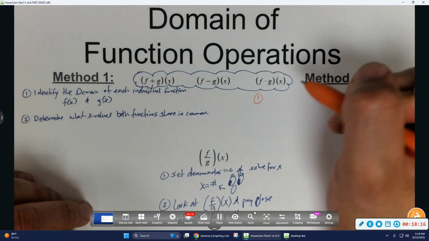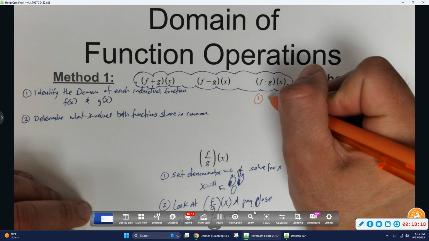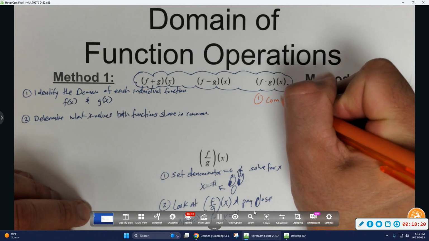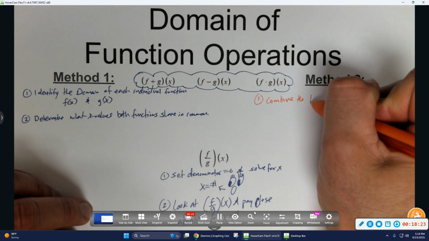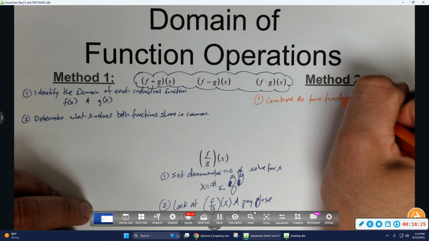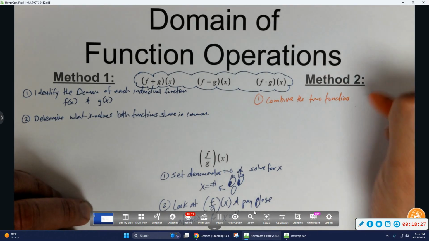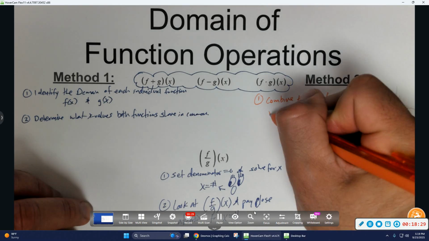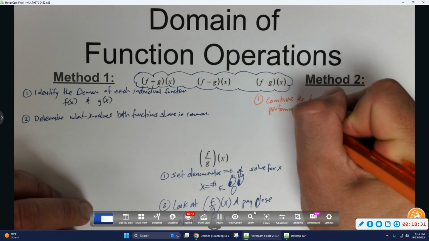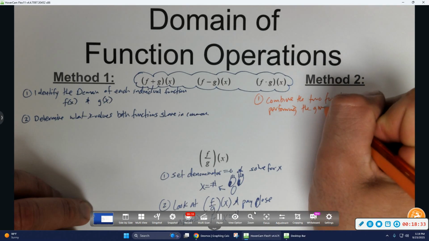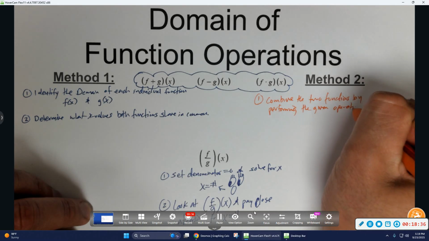So method number 2, step 1. Combine the two functions by performing the given operation.